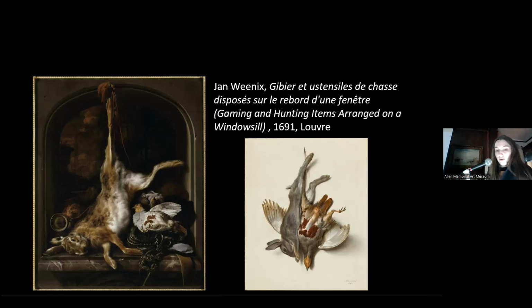All the objects are resting on the shelf or windowsill, which gives them a lot more of a sense of place and a specific location, versus the painting we're looking at, which has practically no details on the wall at all that would hint at any particular place.